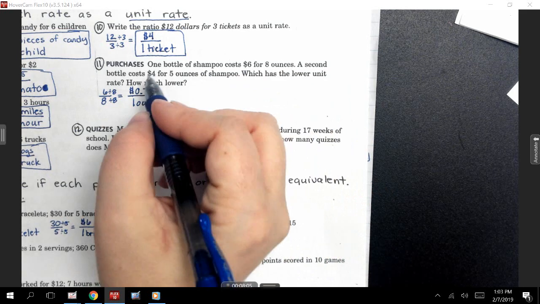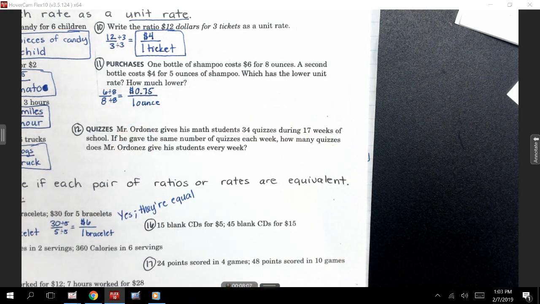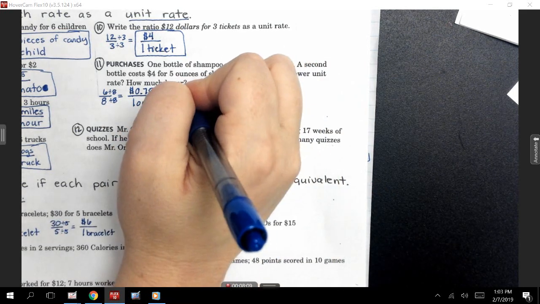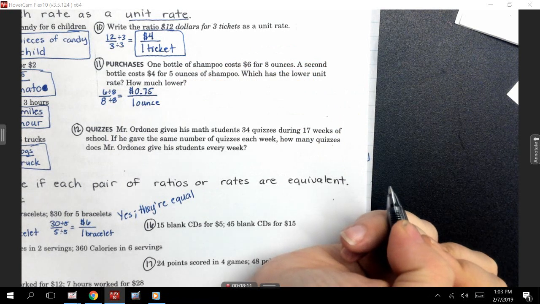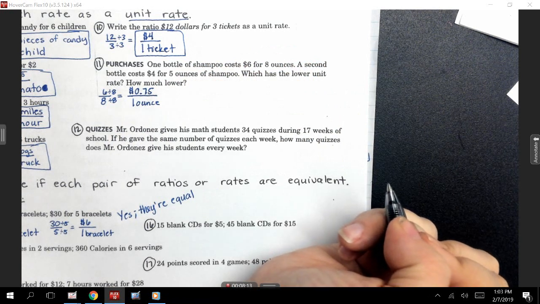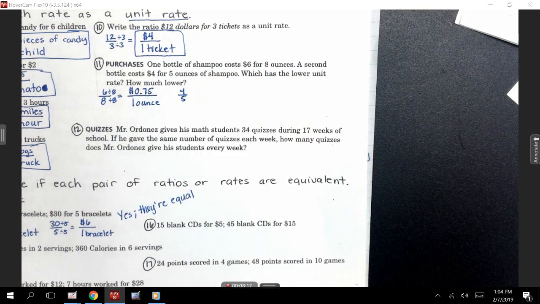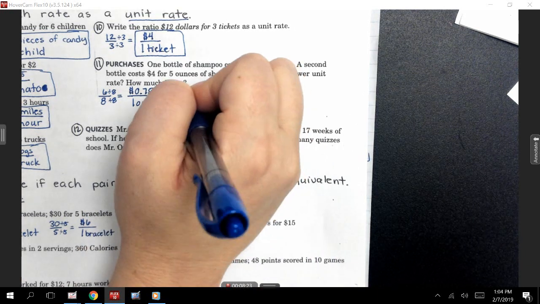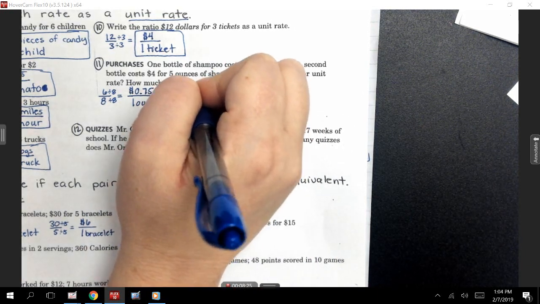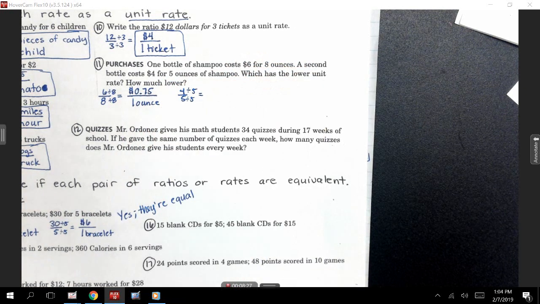All right, what is my second ratio going to be set up like, Frank? 4 over 5. Perfect. Okay. What am I going to divide by here? Kamari? 5. All right, now 4 divided by 5 might give me something funny. I don't know, I haven't done it.